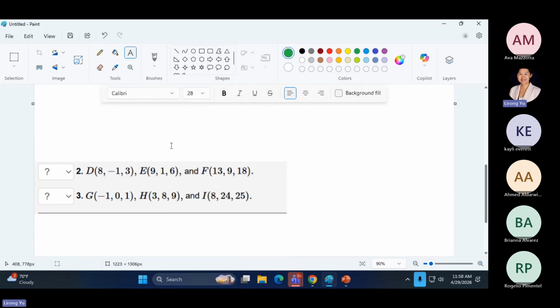So we would find vector DE, which equals 1, 2, and then 6 minus 3, so 1, 2, 3 instead. Okay, and then we also find DF, and we want to see if they're proportional.